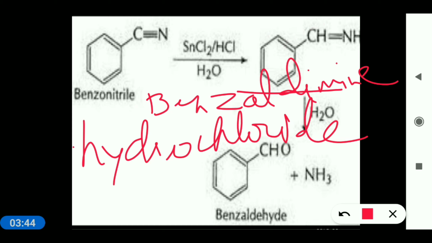This compound is benzyl diimine hydrochloride, which reacts with boiling water and gives rise to the aldehyde with the liberation of ammonium chloride. The released ammonia reacts with HCl and forms ammonium chloride.